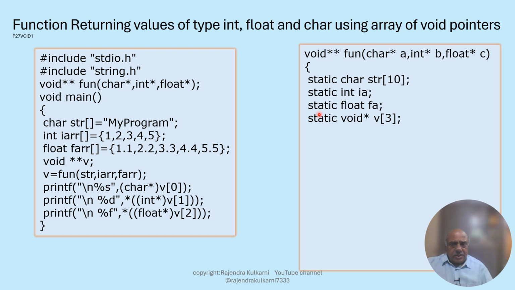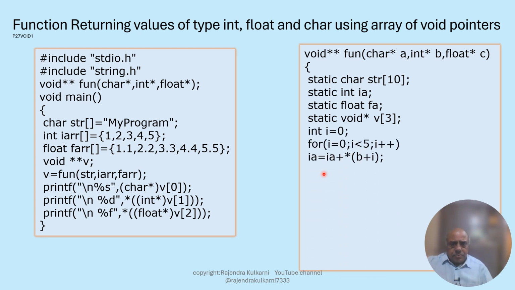The third variable is static float fa, and the fourth variable is static void *v with dimension 3. v is an array of pointers of type void and having dimension 3.